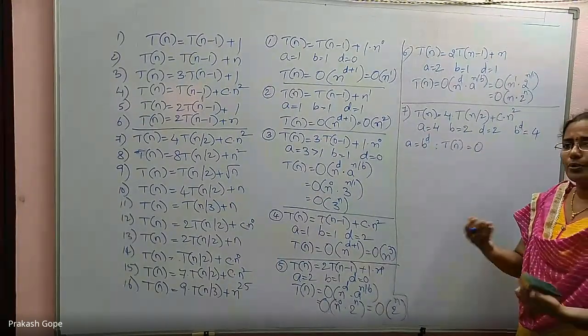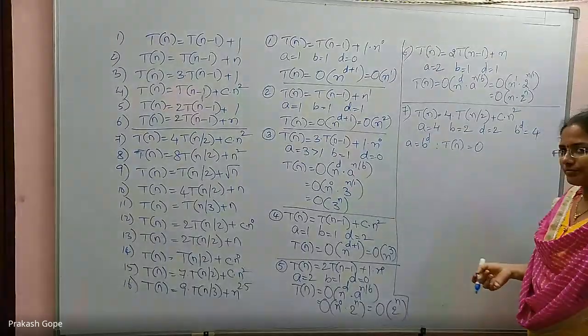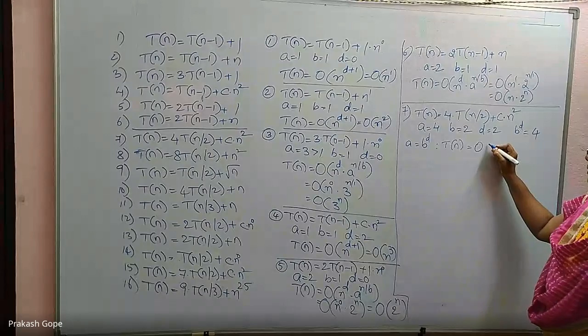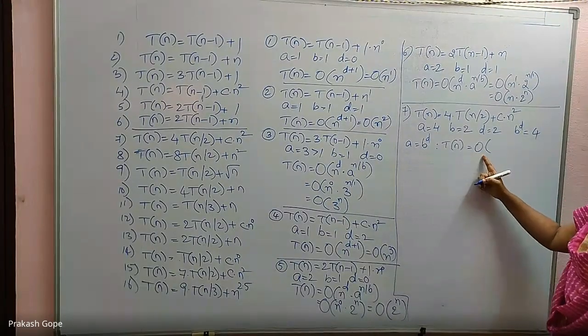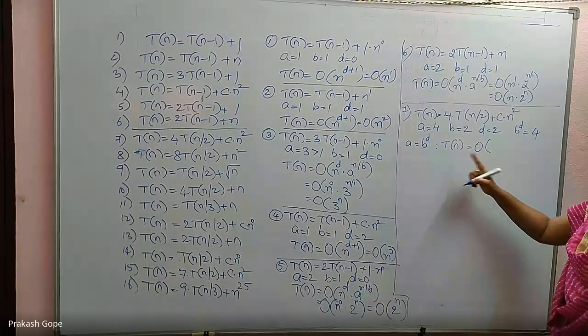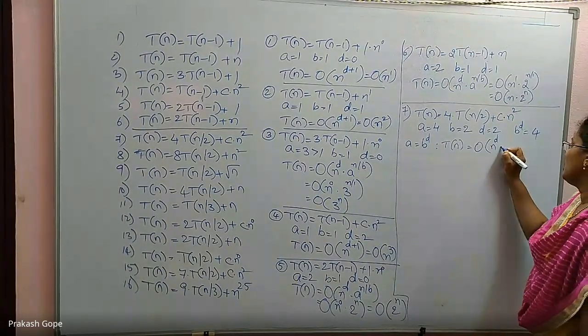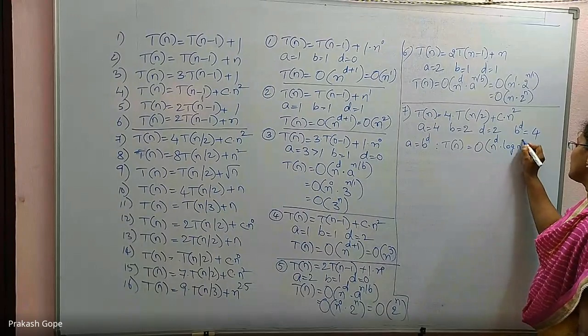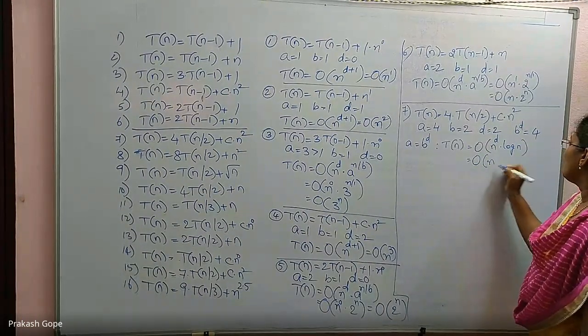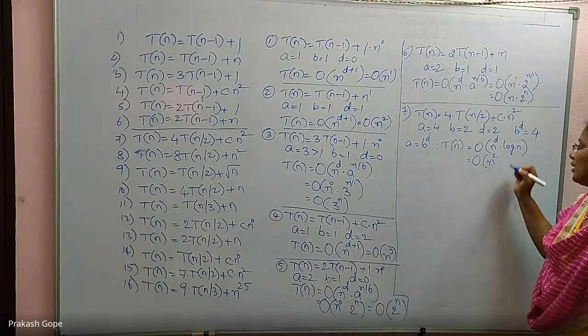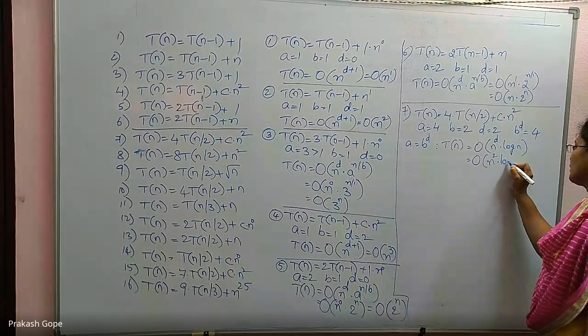If theta is true, big O is true, big omega is also true. Right? So, what is the answer? T of n is equal to big O of, A equal to B power D, is n power D into log n. Big O of n power D into log n. What is D? D is 2. So, n square into log n.